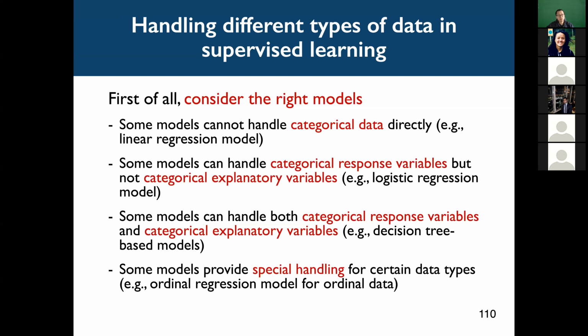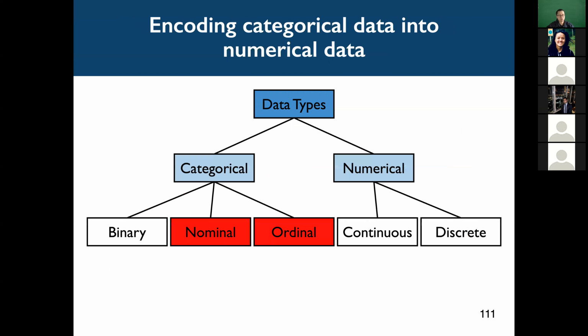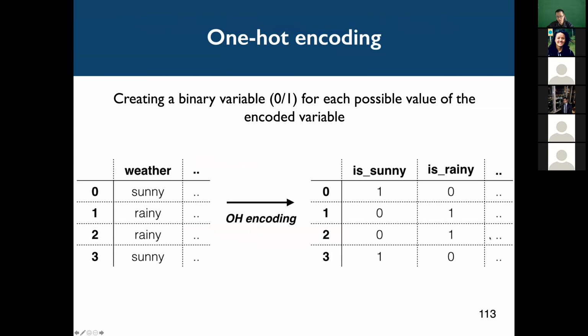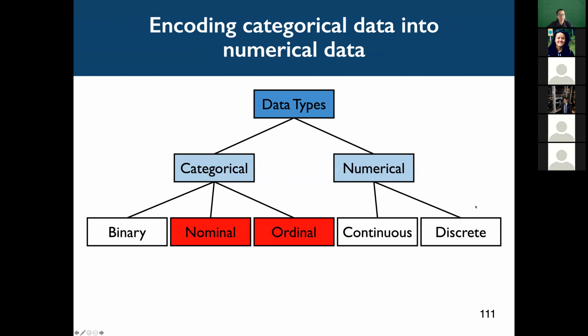Okay, and we know that many models have the requirement that they only accept numerical data. So how can we convert categorical data into numerical data? There are different approaches. We call them encoding approaches. How can we encode categorical data into numerical data, right?